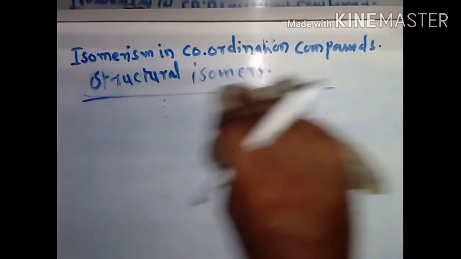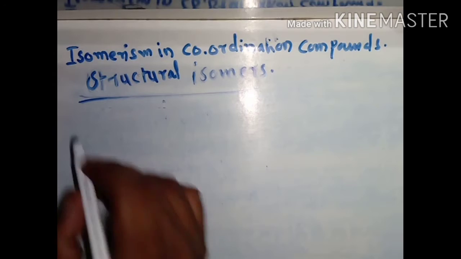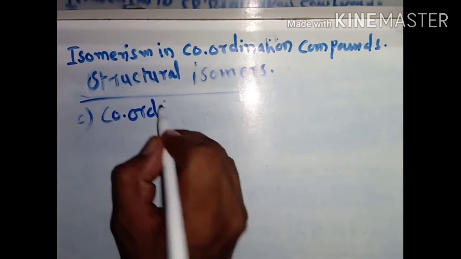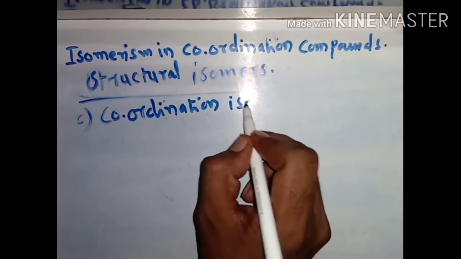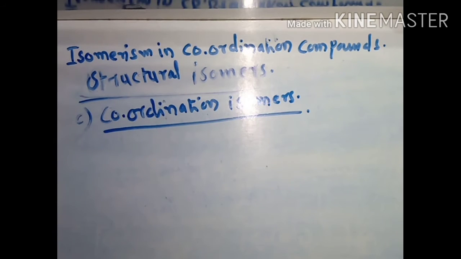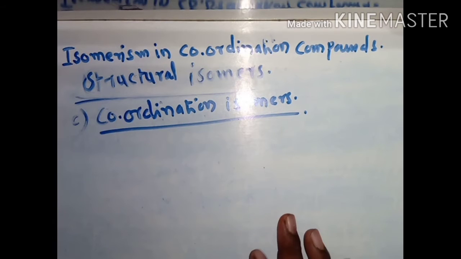Now the another one, third classification we can take, that is coordination isomers. Now what is the coordination isomers? Coordination isomer shows the interchange of the ligand between the cationic and anionic sphere of different metal ion.